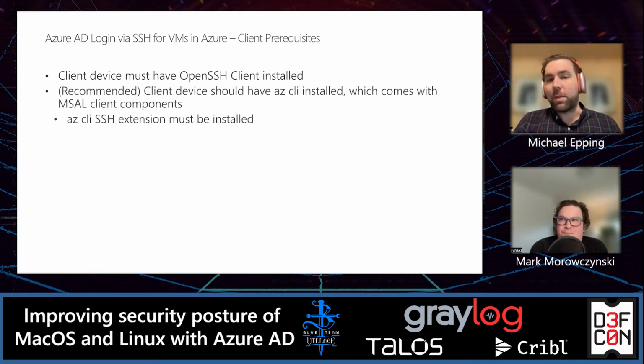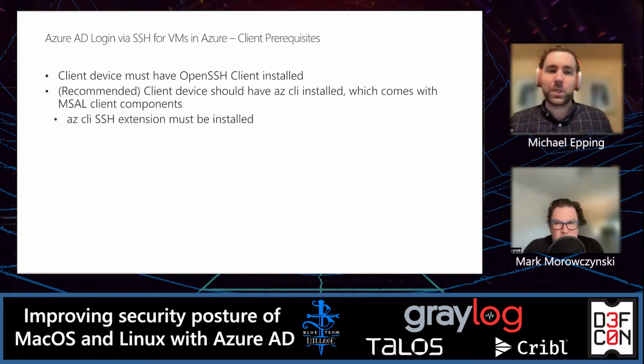Then we have a wrapper that sits on top of OpenSSH that's provided by a tool called AZCLI. This is the Azure command line interface tool that comes along with Microsoft's auth libraries. It's highly recommended to use this tool. It makes the user experience much, much easier. There are options for exporting certificates from AZCLI and then doing raw OpenSSH commands yourself, but there's a lot of extra work involved and extra steps there.